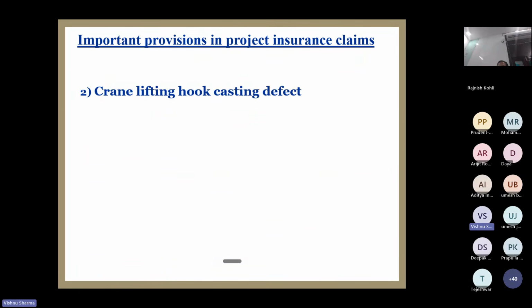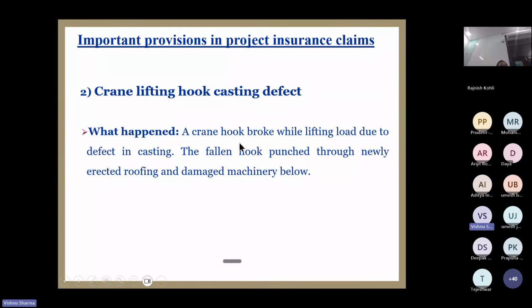Next is the crane lifting hook. This example I have given; this is a repetition of that. The lifting hook was damaged. What happened? A crane hook broke while lifting the load due to a defect in casting.